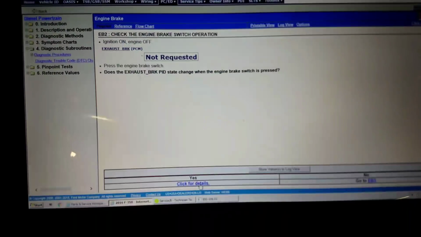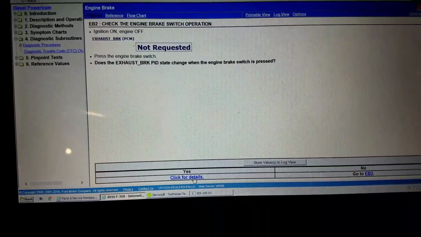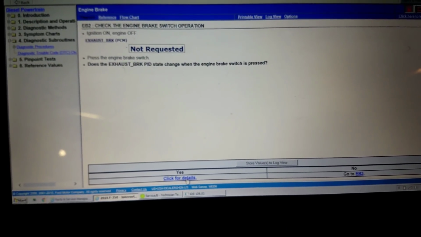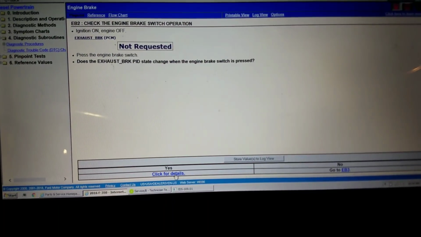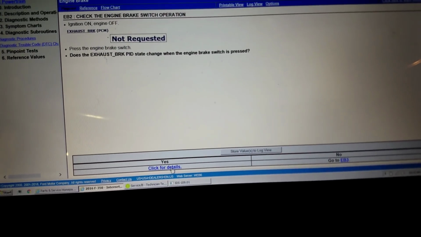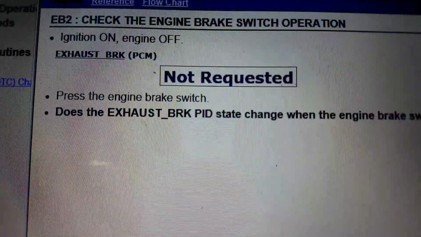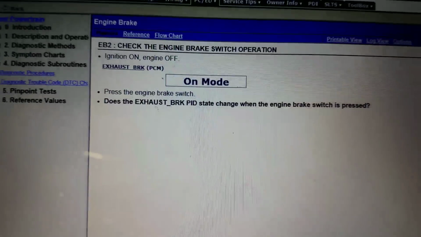Okay. Ignition on, engine off. Press the engine brake switch, and it wants to know, does the exhaust brake PID state change when the brake switch is depressed? Alright, I'm going to hit it and watch it. Now it changes, now it doesn't.